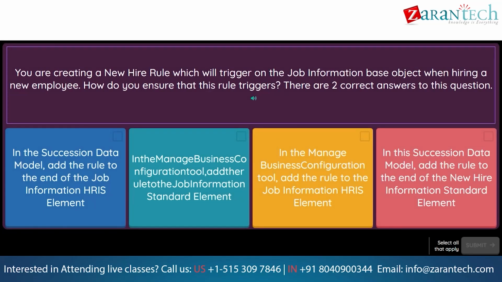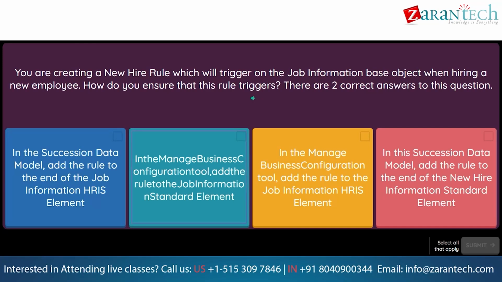Question: You are creating a new hire rule which will trigger on the job information base object. When hiring a new employee, how do you ensure that this rule triggers? There are 2 correct answers to this question. Option 1: in the succession data model, add the rule to the end of the job information HRIS element.